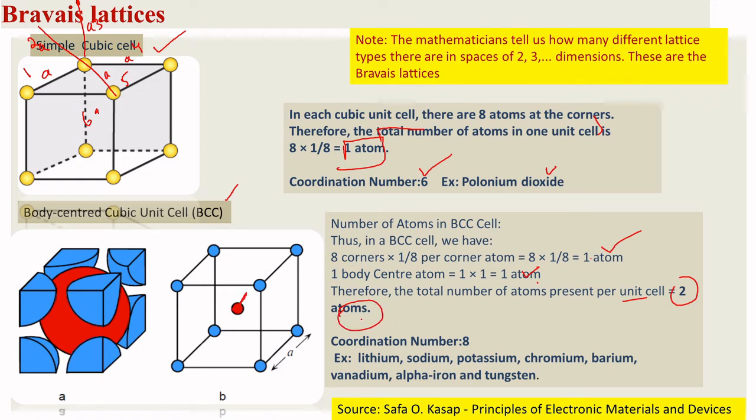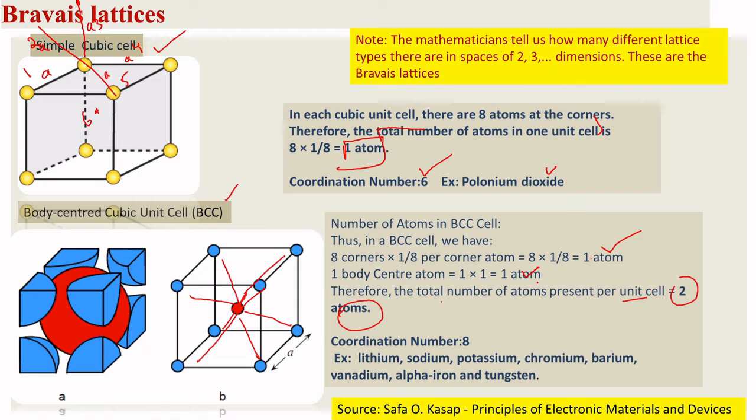That's it. The coordination number is 8. When you take this unit cell, you can see the neighbor atoms: this is 1, this is 2, this is 3, this is 4, right? Similarly here you can see 5, 6, 7, 8 connected. The best examples for the BCC structure are lithium, sodium, potassium, chromium, barium.